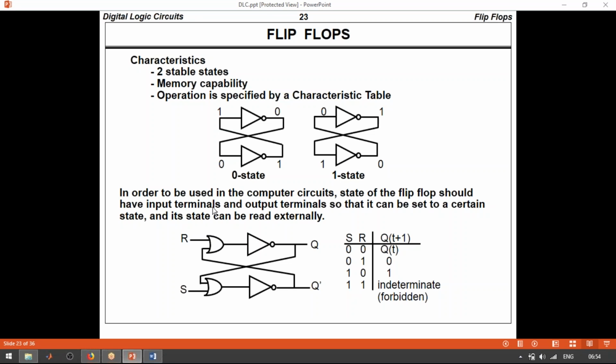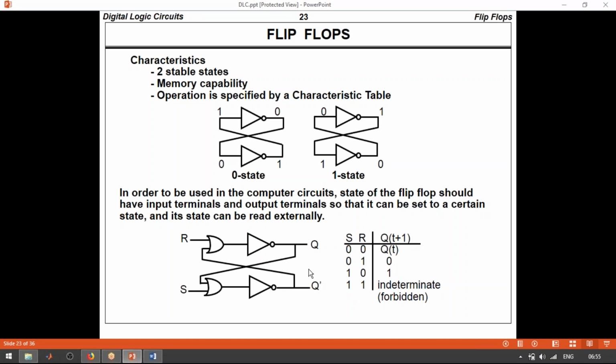So there are 4 types of flip-flops: the RS or SR flip-flop, the JK flip-flop, the D flip-flop, and the T flip-flop. Consider the RS flip-flop with outputs Q and Q bar; this is the NOR-based structure of the SR flip-flop.